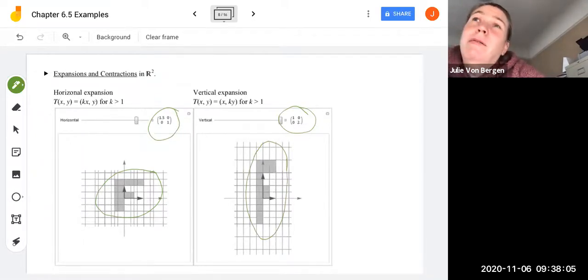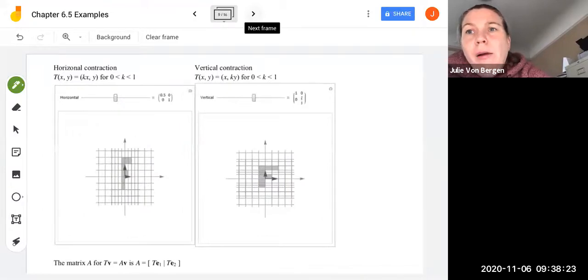So in the app I linked, you can go in and manipulate the dog by changing the matrix just how you like and work through the expansions and contractions and the shears and the reflections. Let's take a look at how the shears would look here. Oh, we've got some horizontal and vertical contraction first. So if you want to contract horizontally, use a K value less than 1.